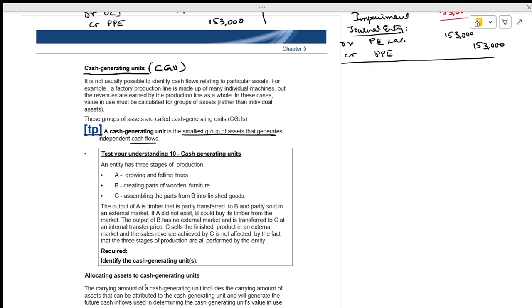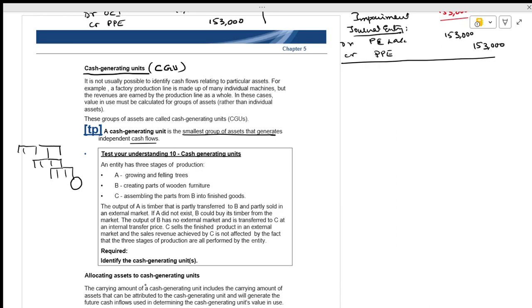You have so many units there. You divide these units into various parts. It is the smallest unit which is going to be called a cash generating unit. Okay, this is what it says.